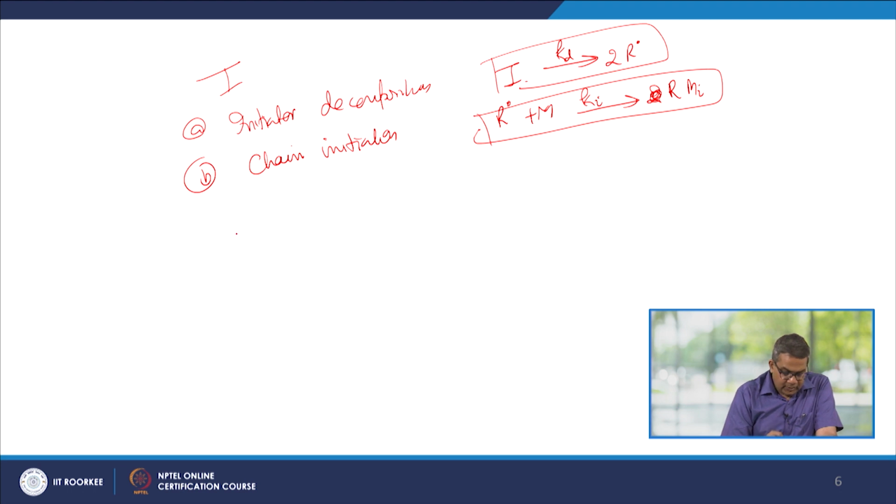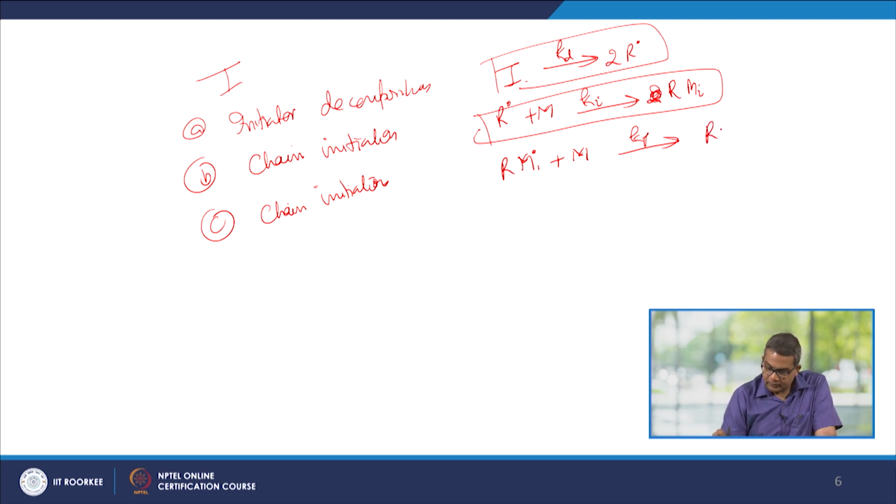Then again the chain initiation for other components. This is R M1, then plus M with Kp, sometimes referred to as propagation because of the formation of different chains.